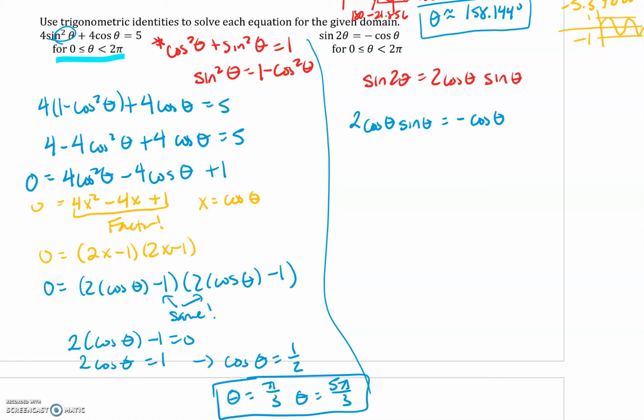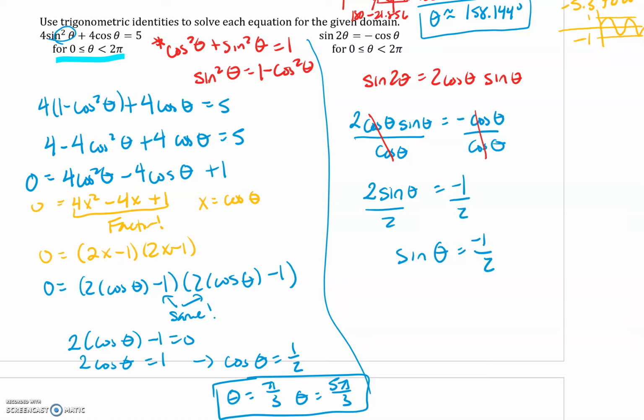This is all factors, right? 2 times cosine theta times sine theta. That means I can divide, because remember cosine theta, sine theta are just numbers. So let's divide both sides by cosine theta. Right? So that becomes a 1. This becomes a negative 1 on the right. So 2 sine theta equals negative 1. Divide by 2, and sine theta equals negative 1/2.